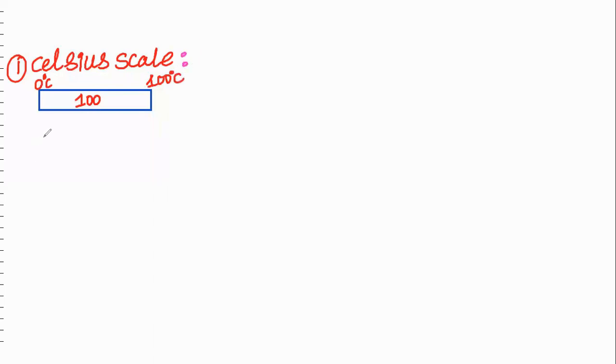So the temperature on this scale is C minus the lower fixed point divided by the total number of divisions.